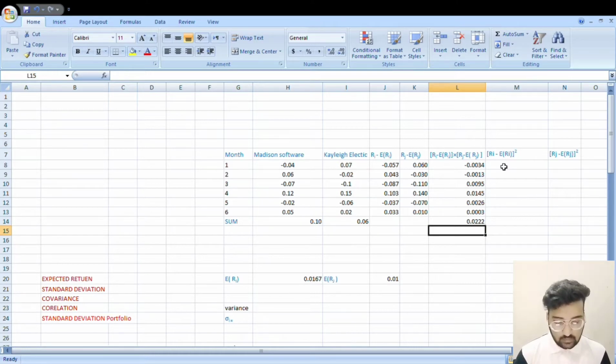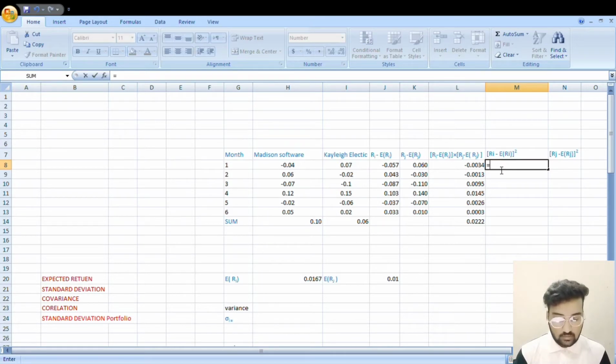Now we have to find the square of actual minus expected return for both of the companies. So type equal sign, select the actual minus expected return values of Medicine Software Company and add the power sign.